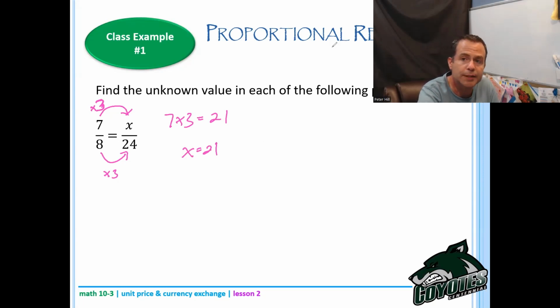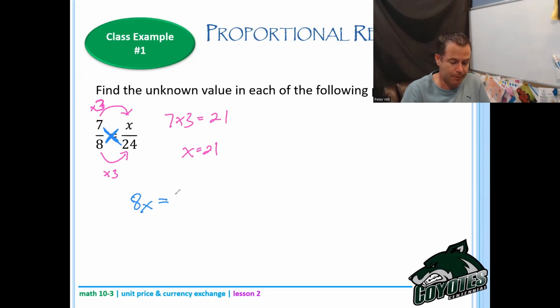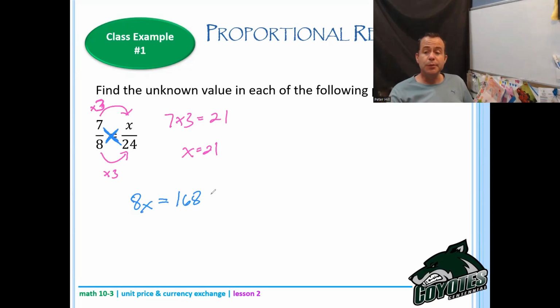The other way to do this is through cross multiplication. So I can go 7 times 24 and 8 times x. Now 8 times x is 8x. And then 7 times 24, I do have this in the PowerPoint, but I'm going to grab my calculator and do it with you. 7 times 24 is 168. Now I have a little algebra problem, right? I have 8x. I want to get to a statement that says x equals something, which means I have to get rid of the 8.